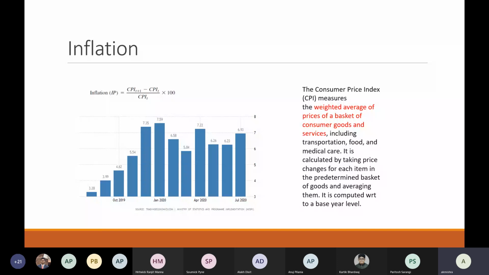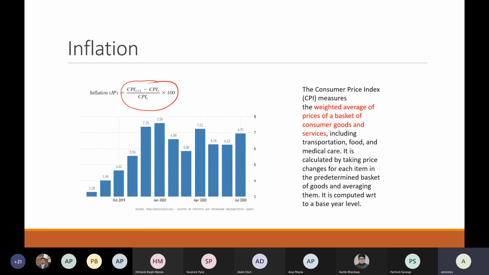Now, more or less, you all know how we measure inflation. We can measure inflation through various measures, like CPI, the Consumer Price Index, which tells how costly a basket of certain goods and services is in the economy. That's why we use inflation as a proxy to gauge the prices of goods.